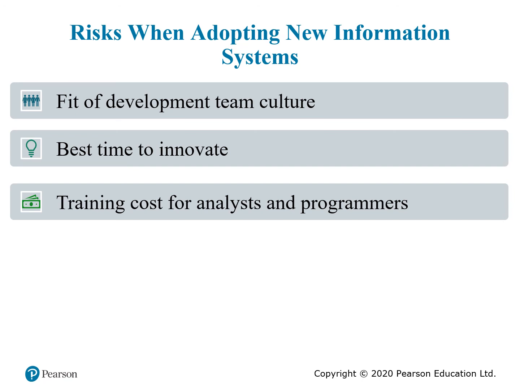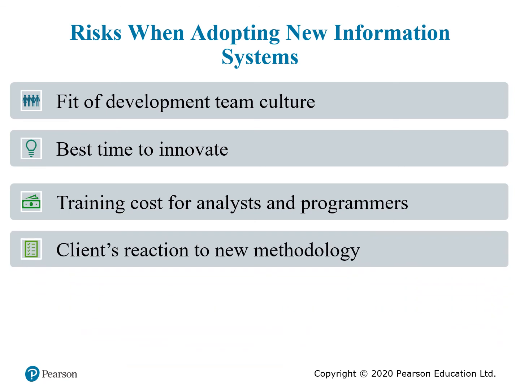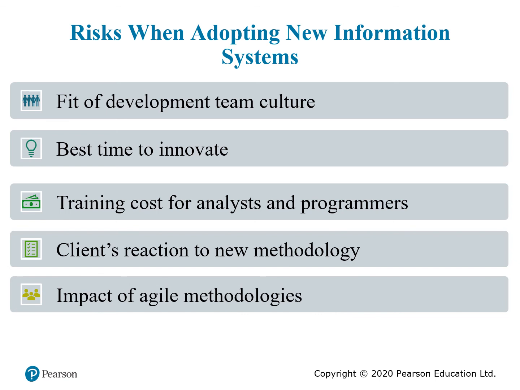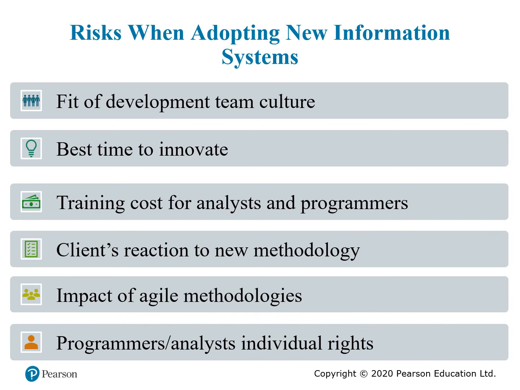Normally, especially if it is in-house, we need to train them, bring them new skills of programming and analysis. And then client reaction to the new methodology, which is what we call the resistance to new changes and so on. And then the impact of agile methodologies on programmers, analysts, and individual rights in terms of cost and so on.